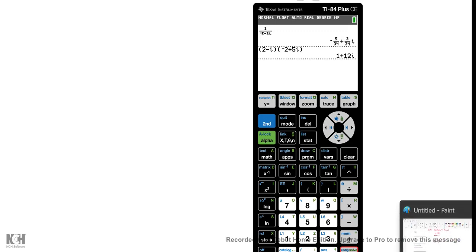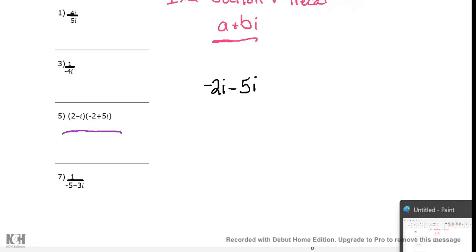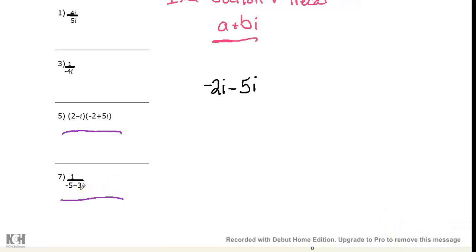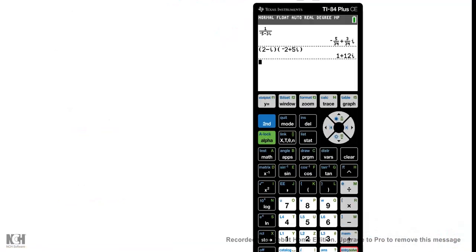All right, let's see what our next one is. It's another division. We'll do this one. Okay, bring up the calculator. So it's a fraction again. I can do this alpha thing if I want to, but I can also back up there and grab that fraction, and sometimes it saves time.